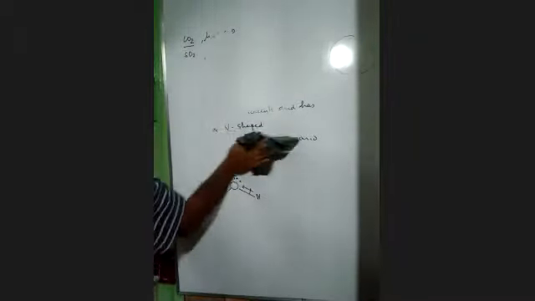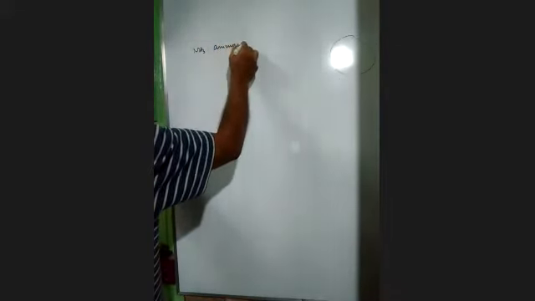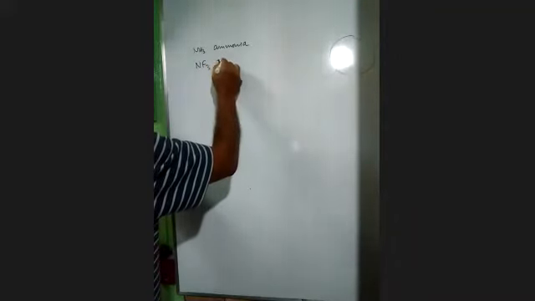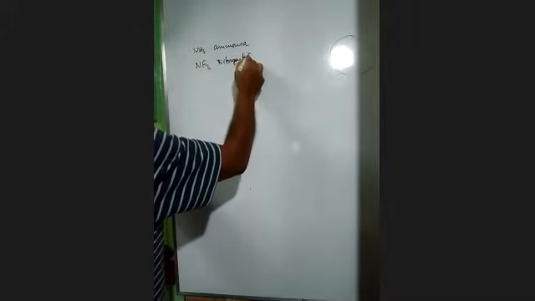Now, you have a textbook question. Suppose you have taken here NH3. This is called ammonia. And NF3. So what should be the name? It is nitrogen trifluoride. Nitrogen trifluoride.